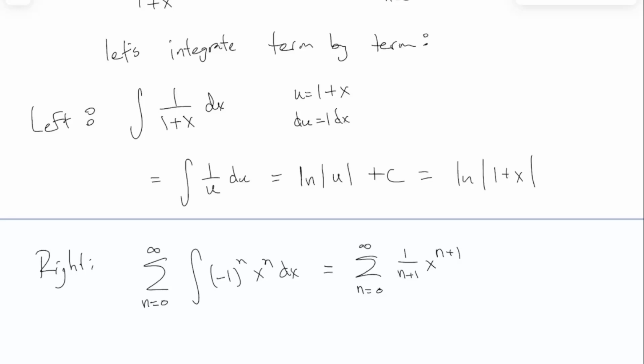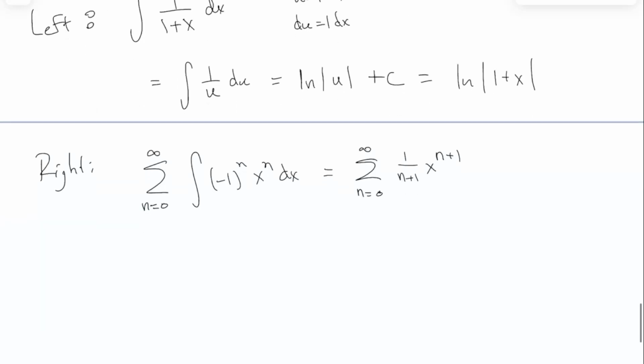All right, so what's my conclusion then? The natural log of absolute value 1 plus x is, unfortunately, we have to put a plus c, which I'll write at the front just so it's not confusing. The series 1 over n plus 1. Sorry, I forgot my minus 1 to the n.